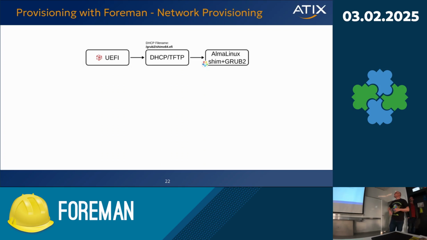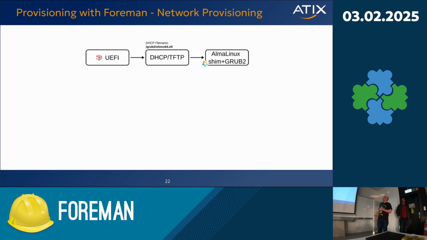So now let's have a look at provisioning with Foreman, network provisioning with Foreman, and how it is so far. You have your firmware, and you have a DHCP file name. Hopefully Foreman sets a DHCP file name, and it points to a grub or shim binary.